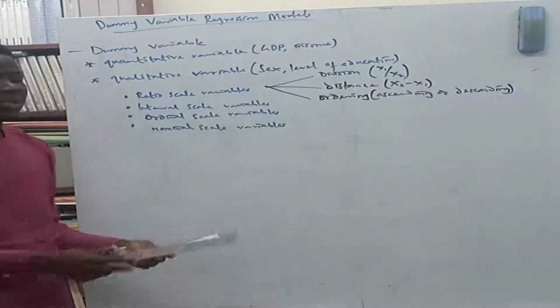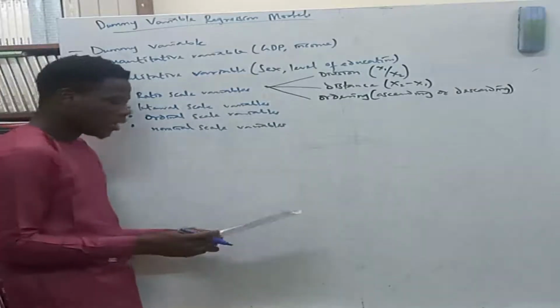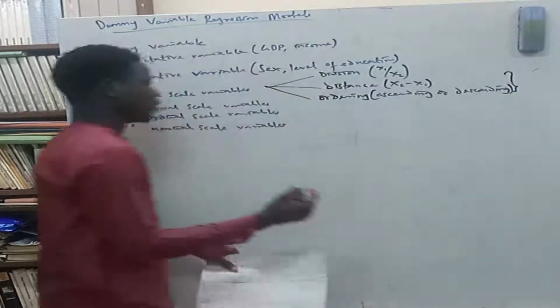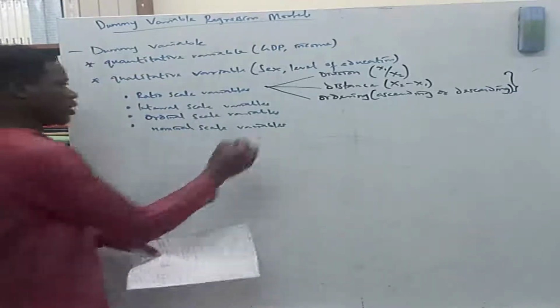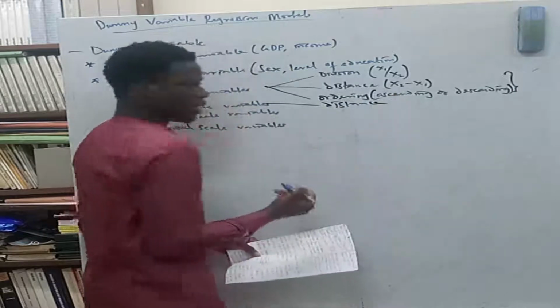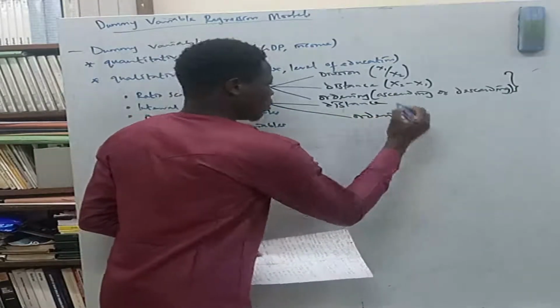Now when we move to the interval scale variables, they will only have the last two properties of the ratio scale, meaning the distance will make sense, and the ordering will make sense.